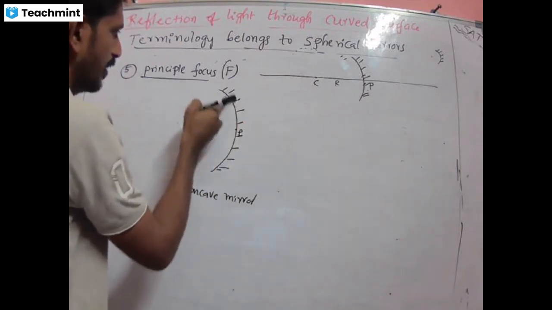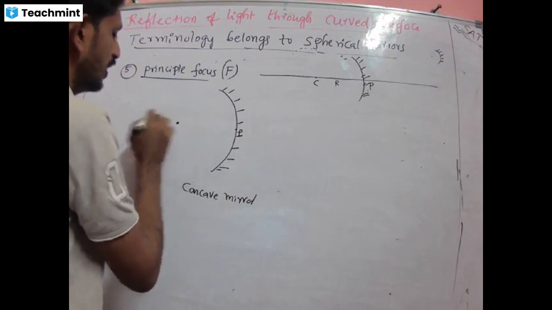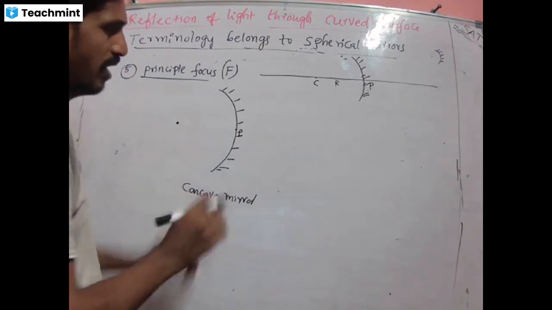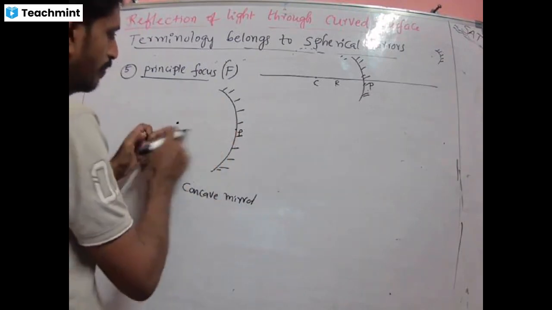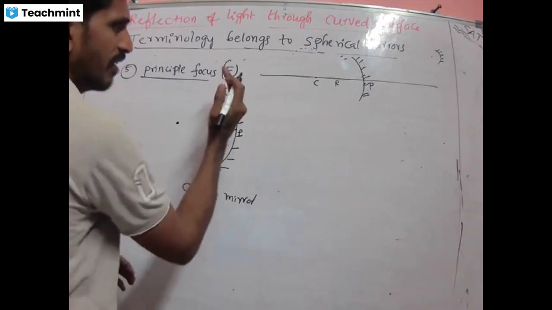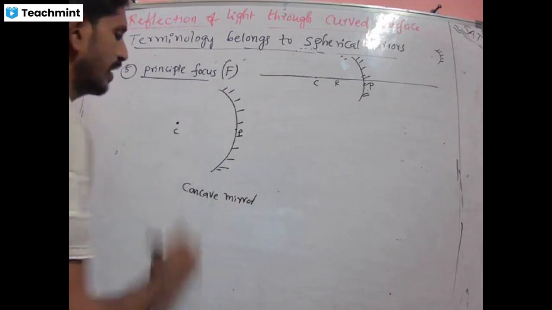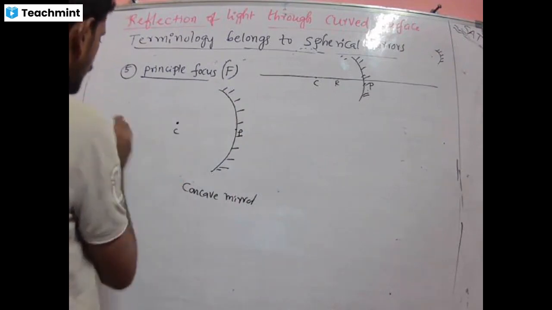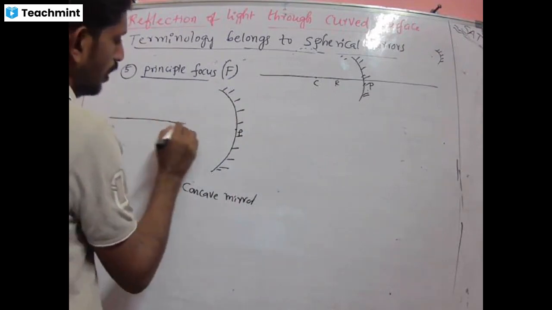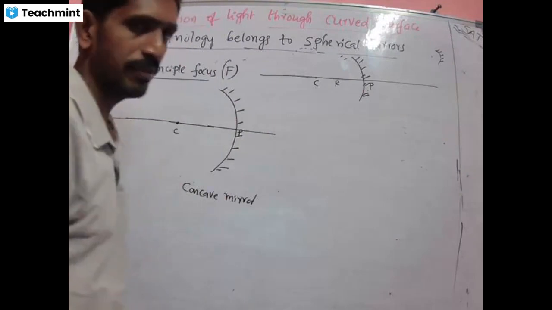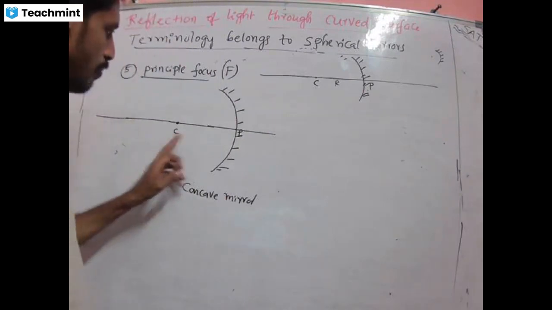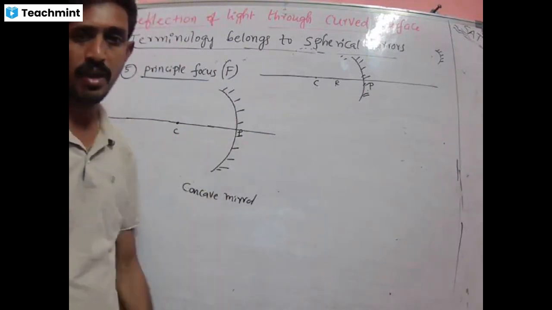Depending upon the curvature, C also changes. If it is a small curvature, the distance between the center and P is very small. If it is a big curvature, the radius is also more. This is my center of curvature. If you join the center of curvature and the pole, that line is called the principal axis.